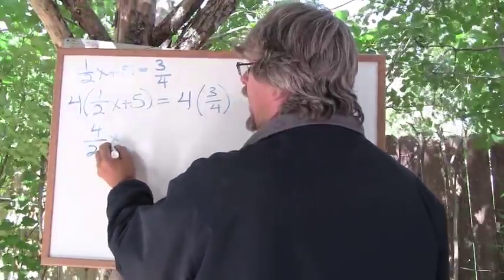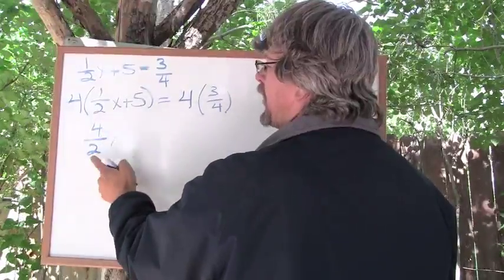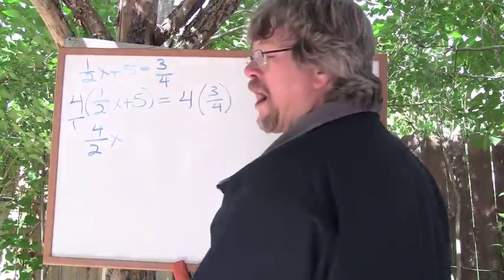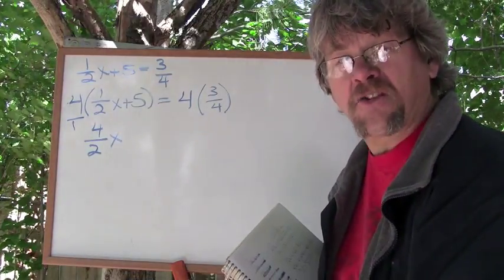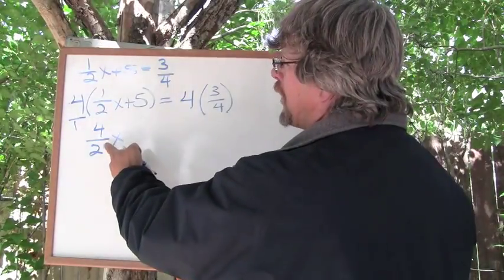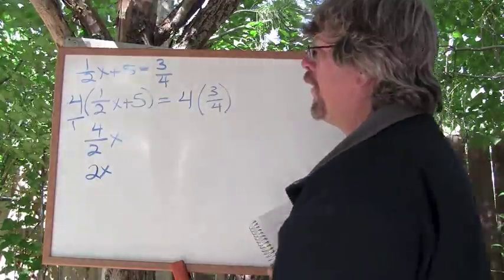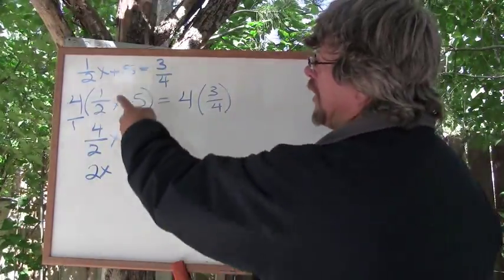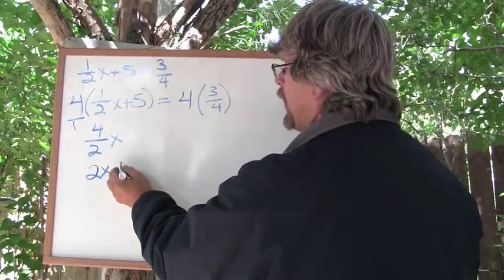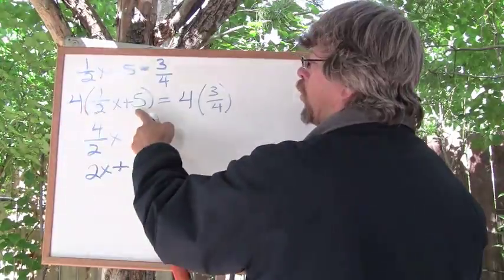4 times 1/2 x equals 4/2 x. 4 times 1 is 4, and you leave the denominator alone. Because technically 4 is 4 over 1, and you're multiplying a fraction by a fraction, right? So that's 4/2 x. But what is 2 into 4? That simply becomes 2x, doesn't it? So we've turned our fraction of 1/2 x into 2x, plus we distribute this 4 with this 5.